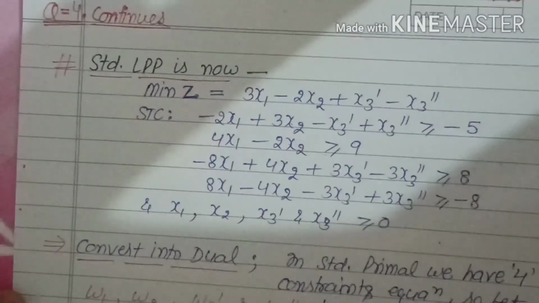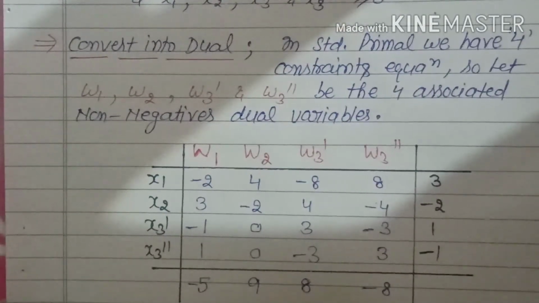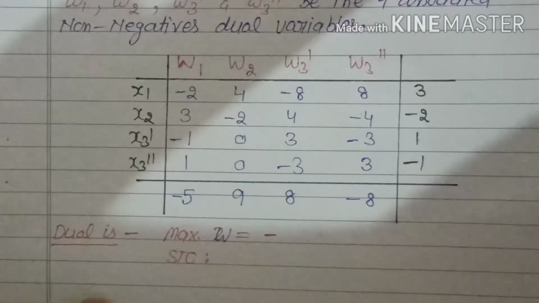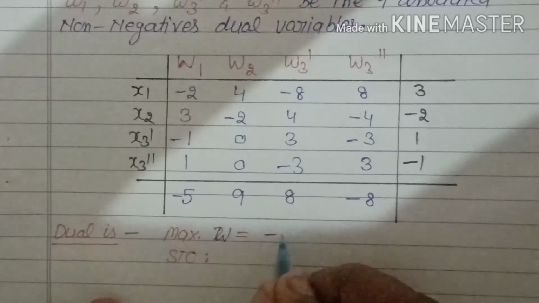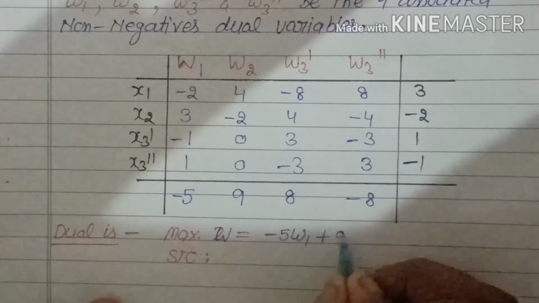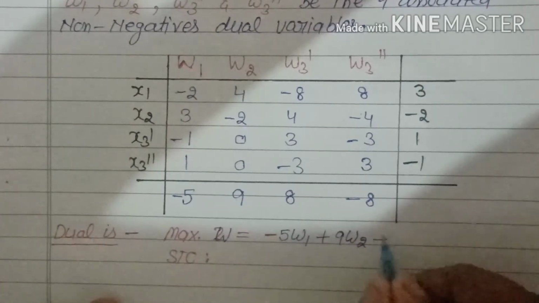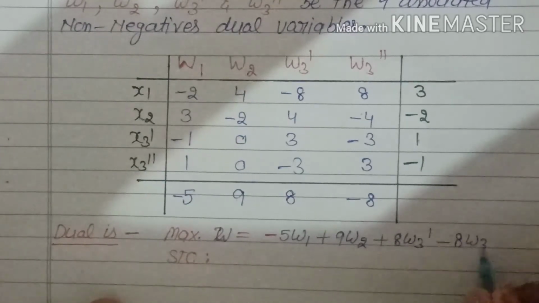Here you will see that the objective function is of minimization type, so its dual will be of a maximization type. So let us write here as maximize w. So this is the objective function, and we can now write this here. Multiply this minus 5 with w1, minus 5 w1, multiply this 9 with w2, 9 w2, then multiply this 8 with w3 dash, and minus 8 with w3 double dash.